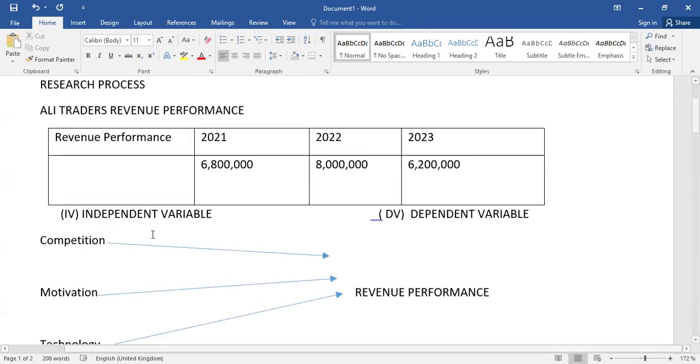You have to go to Google Scholar. We normally use Google Scholar. Then you look for those studies that have been done on revenue performance. You download all those studies, you analyze them, and you identify what previous studies have said.